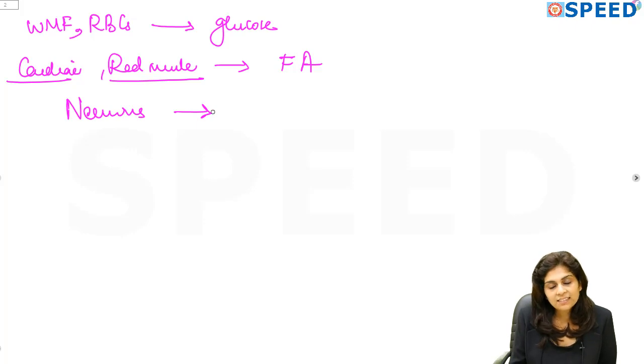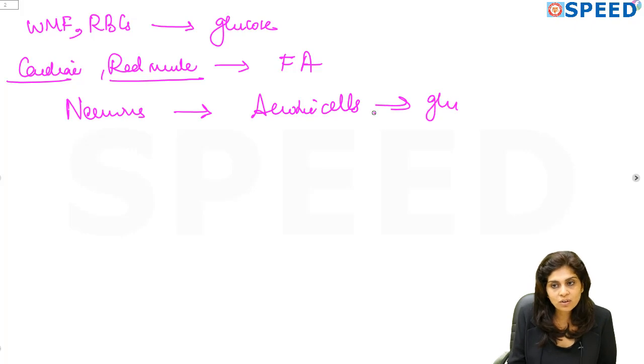Just think, is a neuron aerobic or anaerobic? Neurons are aerobic cells, and we know the concept, right? If it's an aerobic cell, they can use either glucose or fatty acid, and always I say, given a choice, they choose fatty acid. But in neurons, the case is totally different.